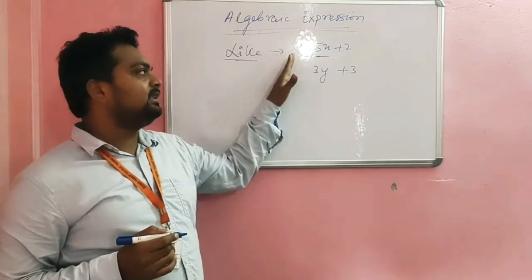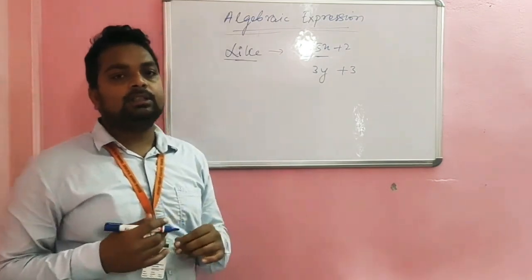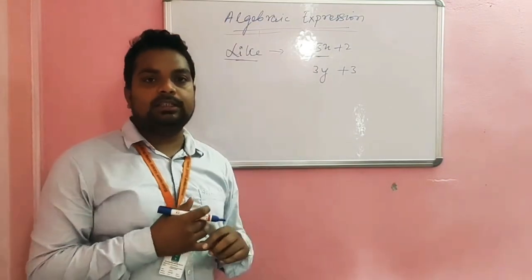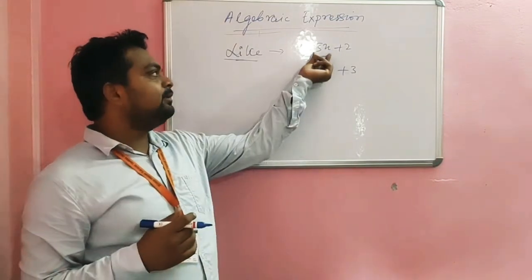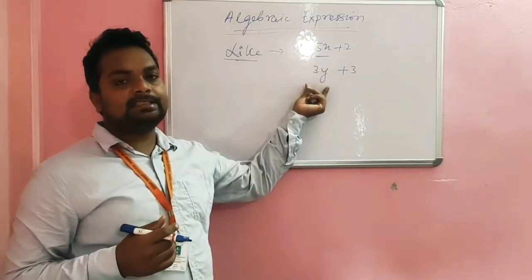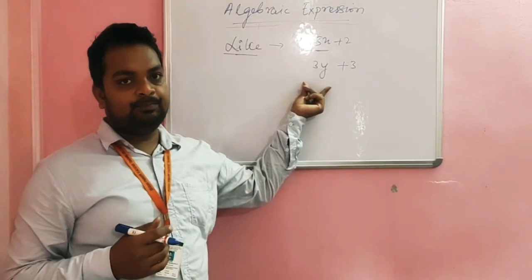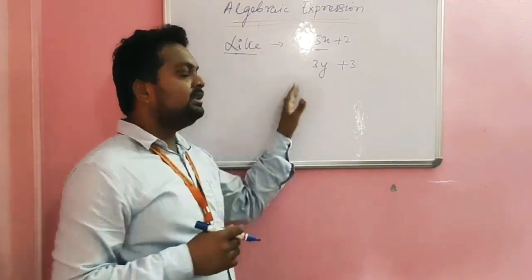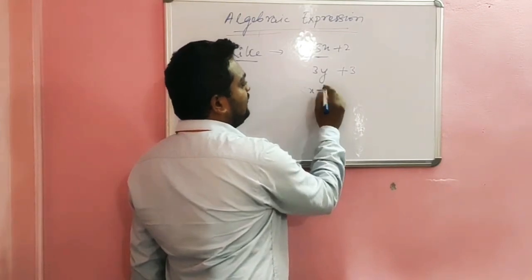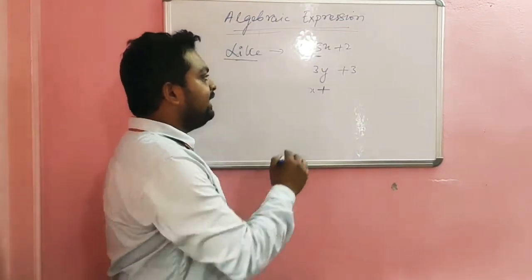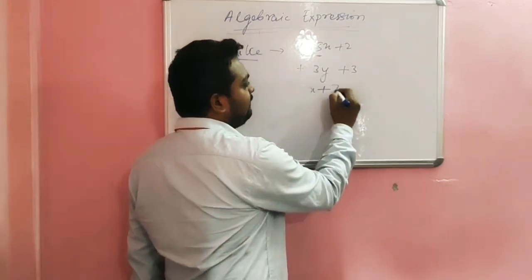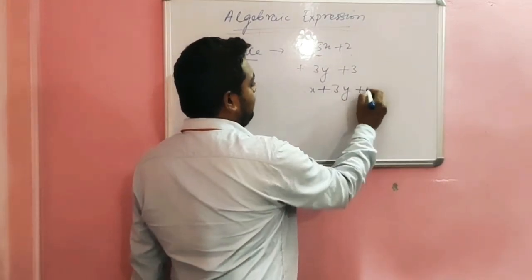If someone asks whether we can add this or not, we cannot add it directly, like we cannot make it 5 plus 3 is equal to 8, because the variables here are x and y, that is two different variables, so we cannot add or subtract it directly. Okay, so if we just add it, 5x plus 2 plus 3y plus 3, then we can write it as 5x plus 3y, and 2 plus 3 is 5.